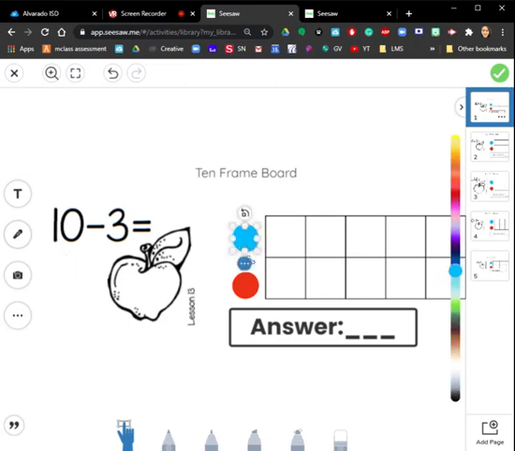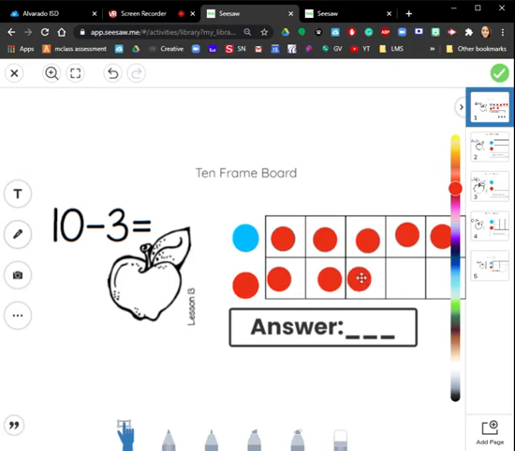So I'm going to go ahead and move 10 of these red dots to fill up the whole 10 frame because we already know a 10 frame has 10 dots. Now that I have my 10 dots, I know that it's asking me to take away 3 from this number.